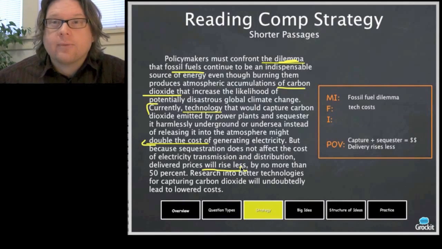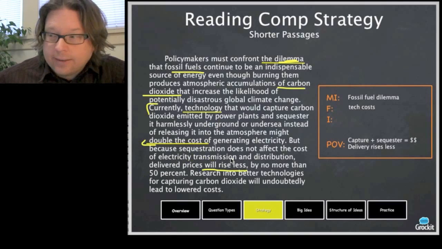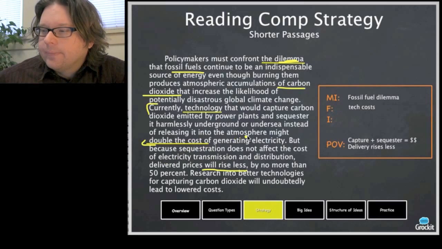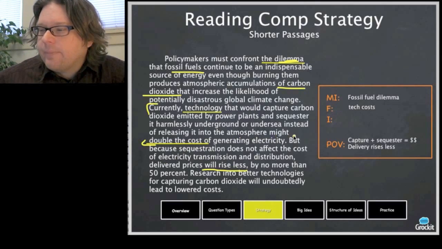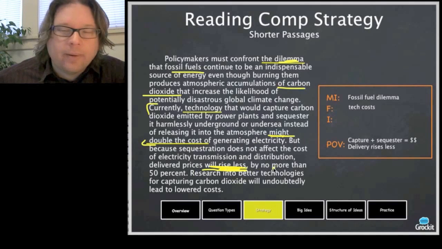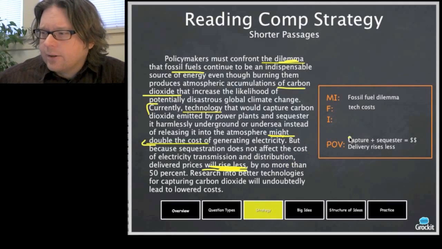But if the author just makes an outright claim about what will happen, the author is making predictions. So this is what the author thinks will happen: that it might double the cost, and that the delivered prices will rise less, by no more than 50%. So those are some things to note.